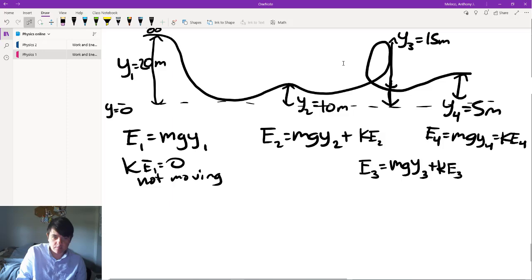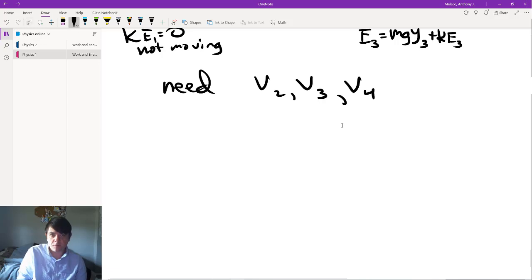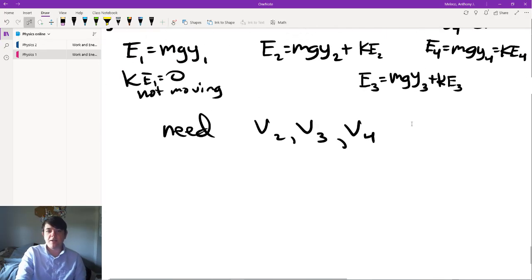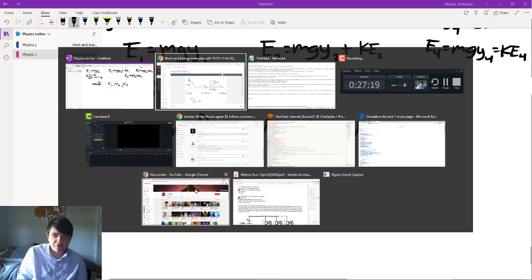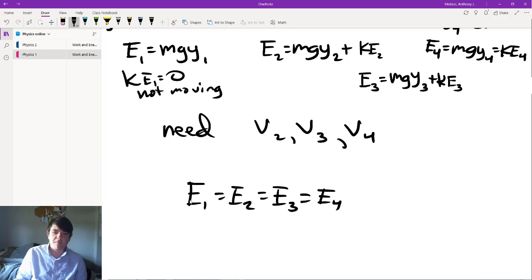We need V2, V3, V4, and they're embedded in these kinetic energies. The easiest way to do this is set energies equal and solve: E1 equals E2 equals E3 equals E4.